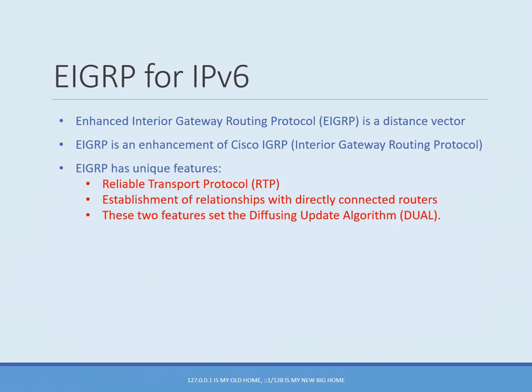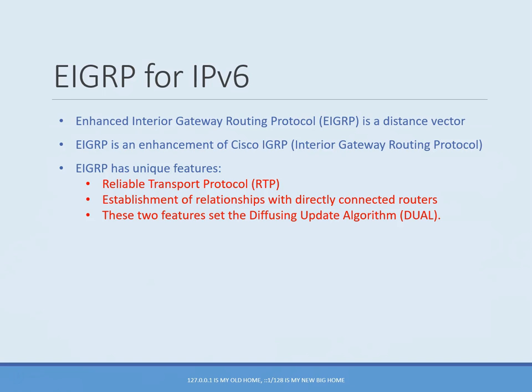Unique to EIGRP is its Reliable Transport Protocol, RTP. This is important because it provides reliable and unreliable delivery of EIGRP packets.